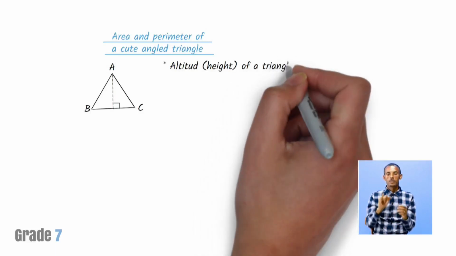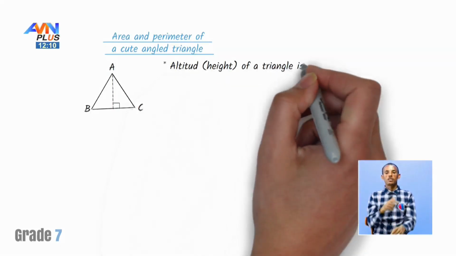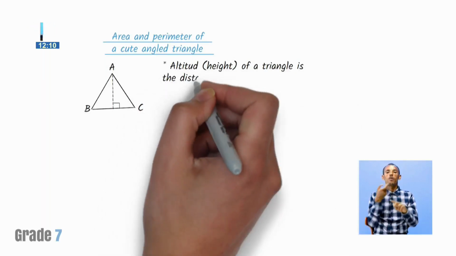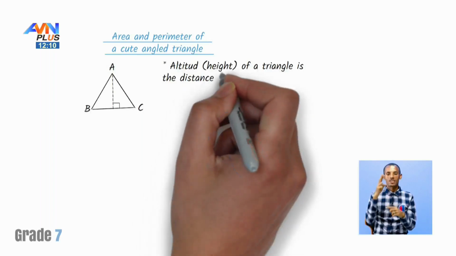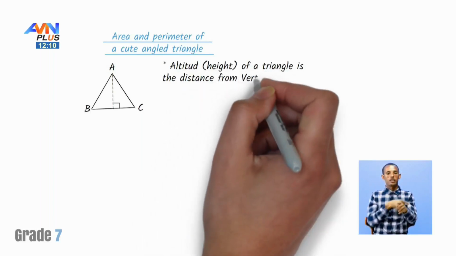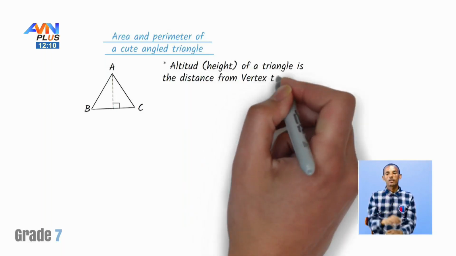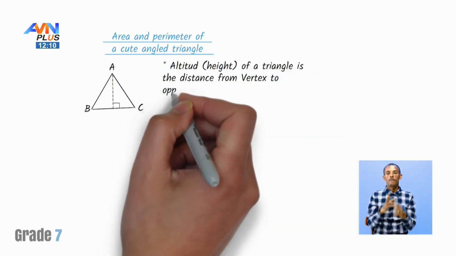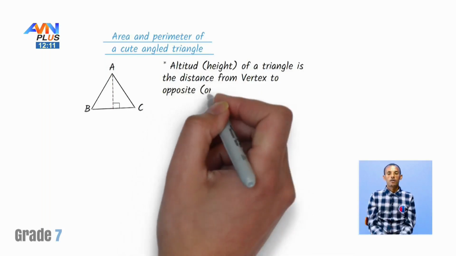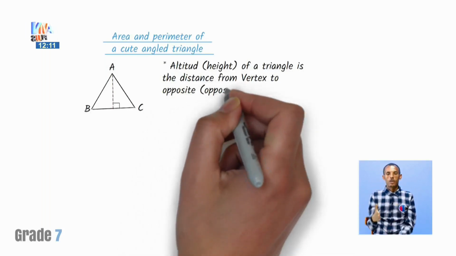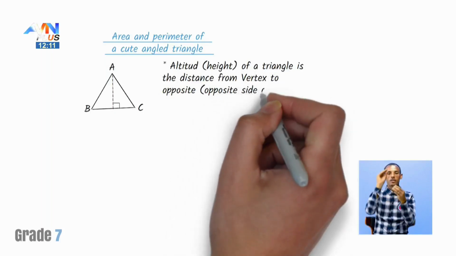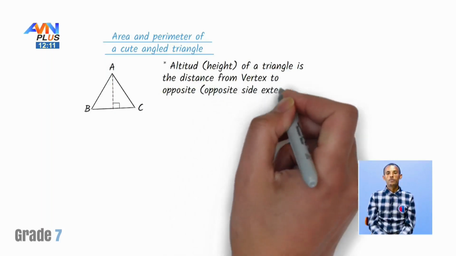Altitude or height of a triangle is the distance from a vertex. That's a perpendicular distance. When you say distance, it's a perpendicular distance from vertex to opposite side or opposite side extension.